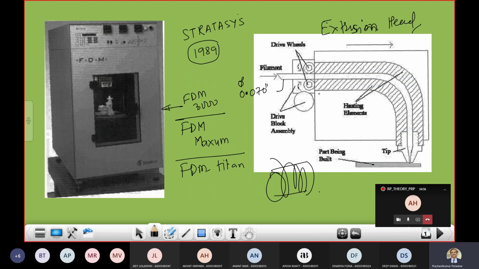This is a typical mechanism that we use for feeding the raw material, and it is mounted on the back side of your head.